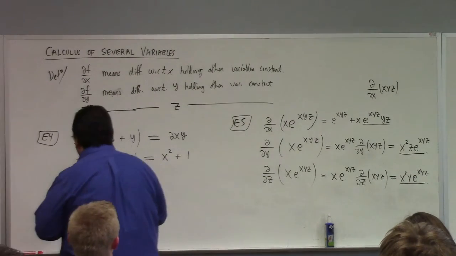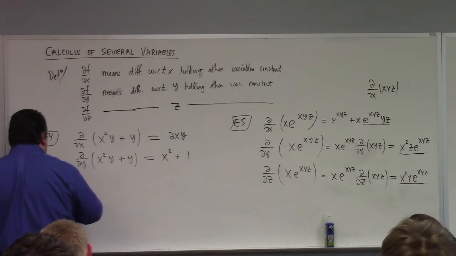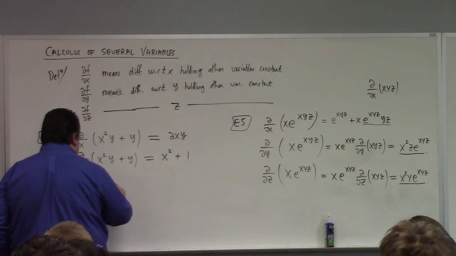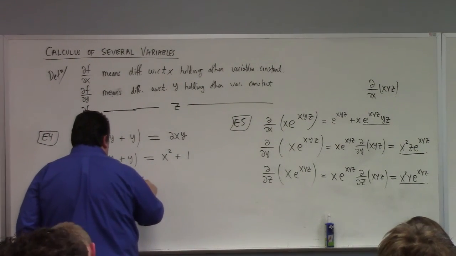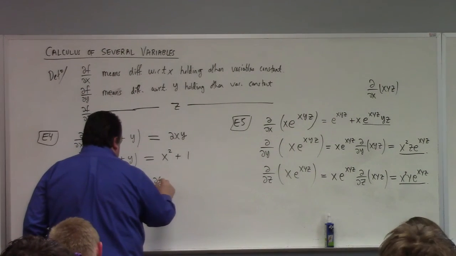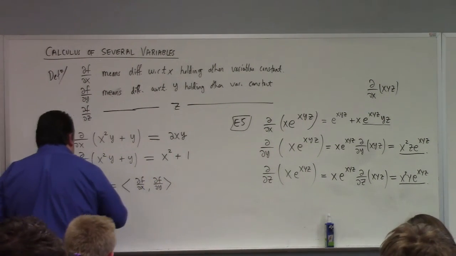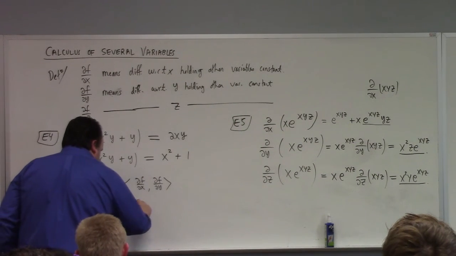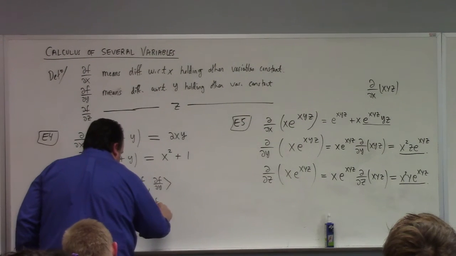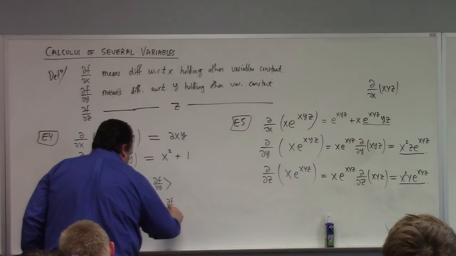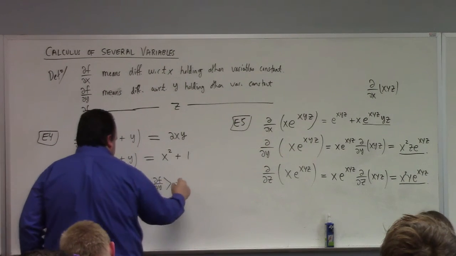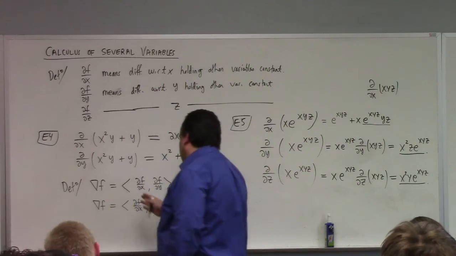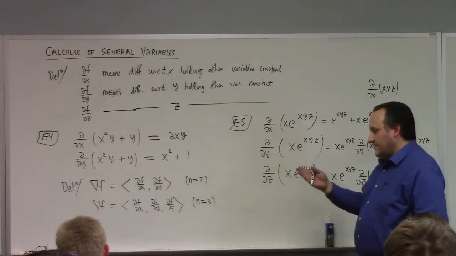So, definition: the gradient of a function of two variables is by definition partial f partial x, comma, partial f partial y. The gradient of a function of three variables is a three-dimensional vector: partial f partial x, partial f partial y, partial f partial z. So depending on whether you're in 3 dimensions or 2 dimensions, you have a gradient, which is a two-dimensional vector field or a three-dimensional vector field.